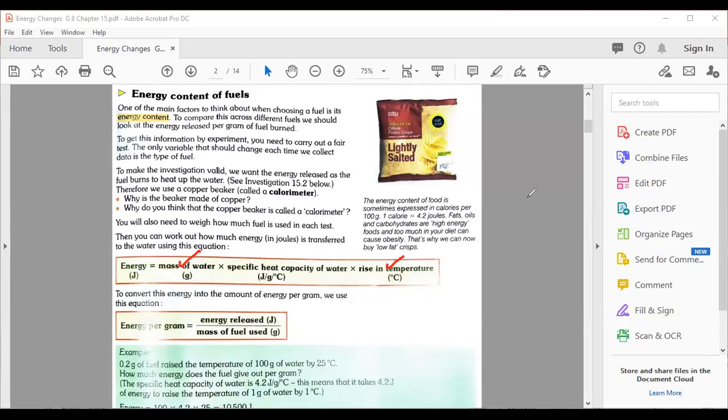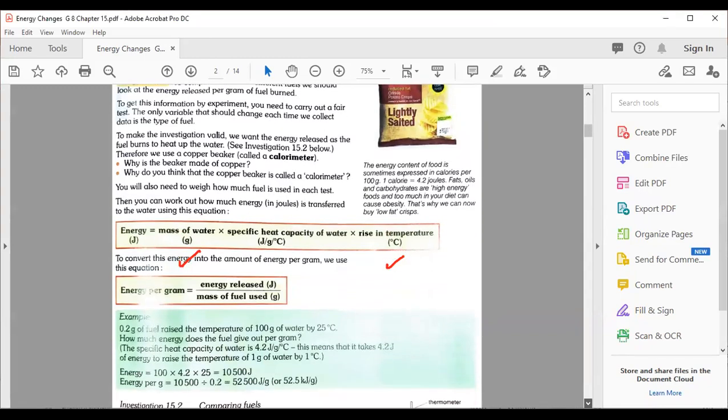Yes, Ahmed Musab. Sir, what is the capacity of the water? Specific heat capacity. What is capacity? You can say it's ability. It's very easy to understand. Listen to me carefully.